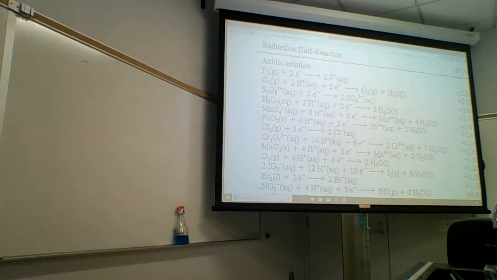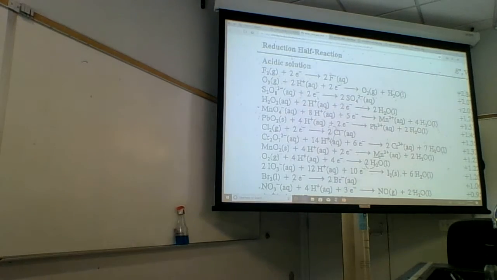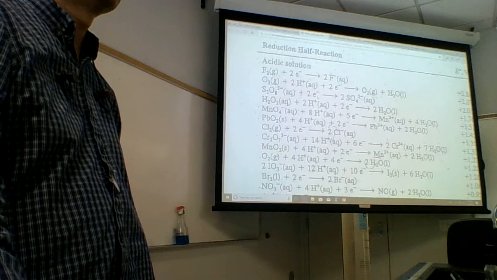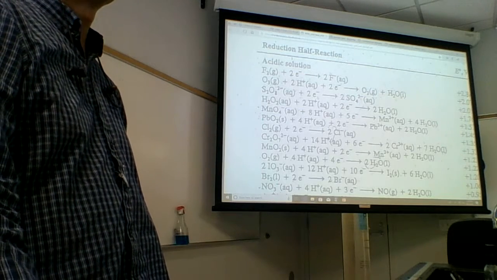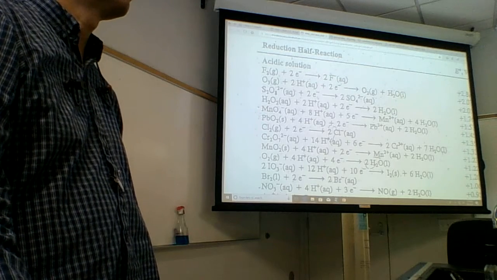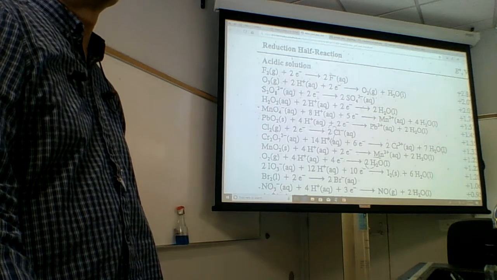If you look at the redox chart, do you see perchlorate on the redox chart? Perchlorate, what would you characterize perchlorate as? Base. For redox, an oxidizer or reducer?